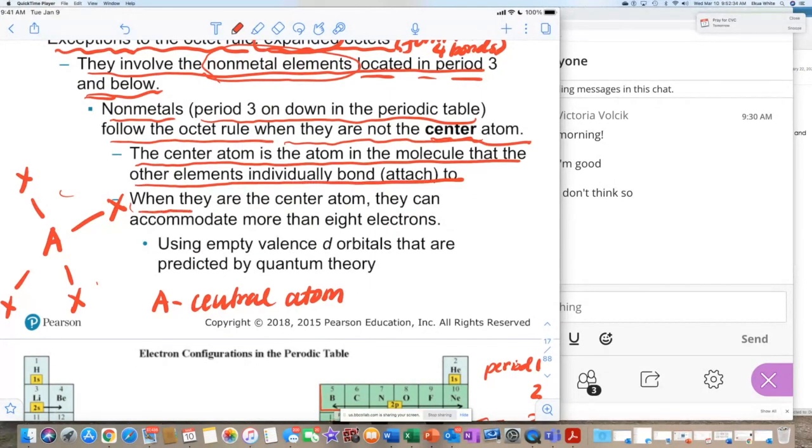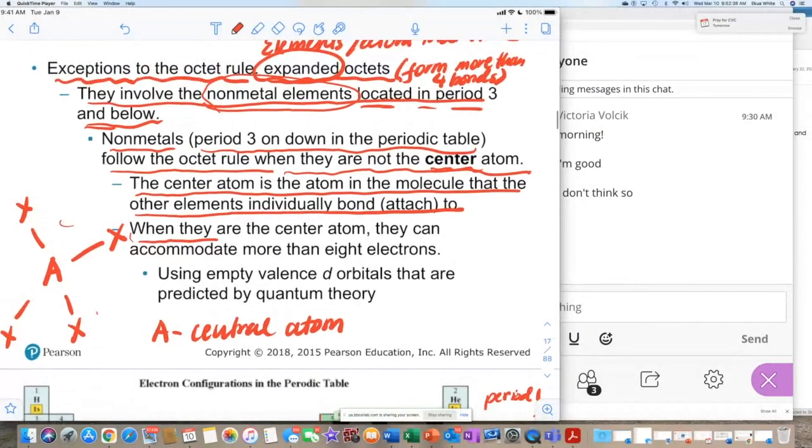Okay. Now going back to these elements in period 3, when they're the central atom, they can accommodate more than 8 electrons, right? Because they can form more than 4 bonds. And how do they do that? They use empty valence d orbitals that are predicted by quantum theory. Okay, don't worry about understanding this right now.